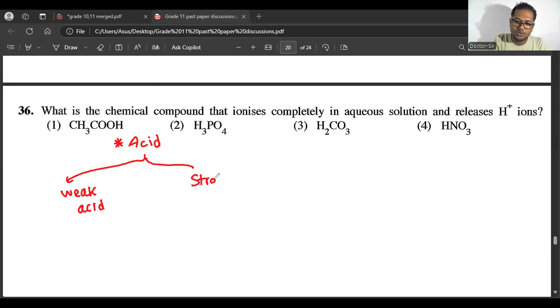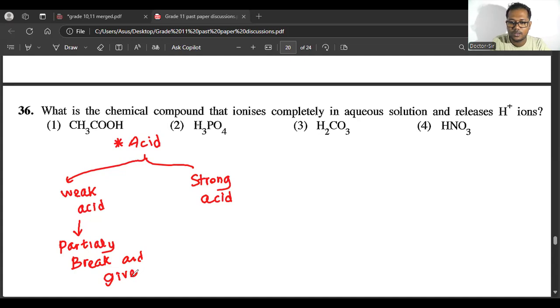Weak acids are partially ionized and give H plus.